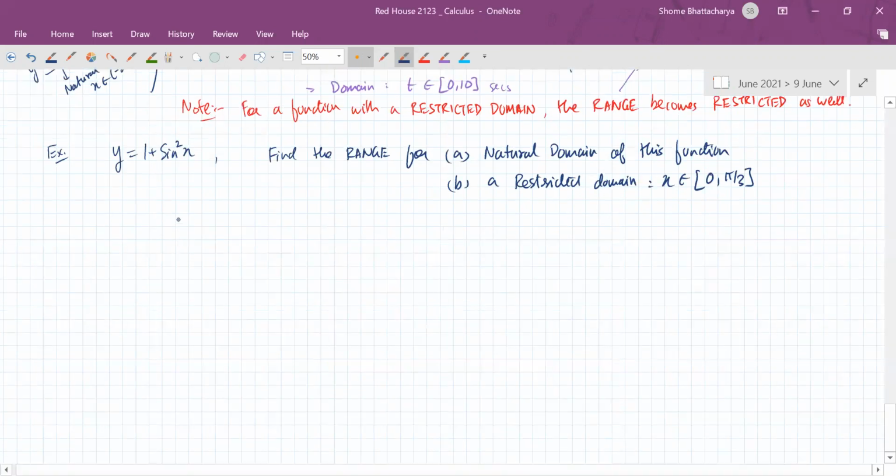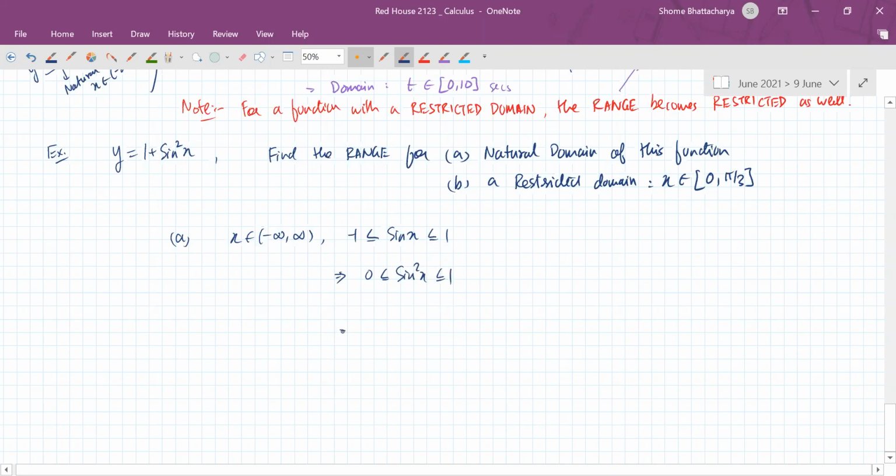So see, for the first part, for x belonging to all real numbers, sine x, we know from trigonometry, cannot be less than -1 and cannot be greater than 1. So therefore, sine square x is between 0 and 1.